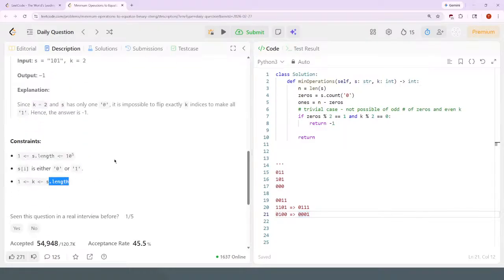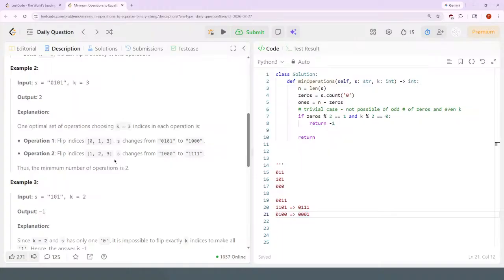K can be the length of the string. Makes sense.